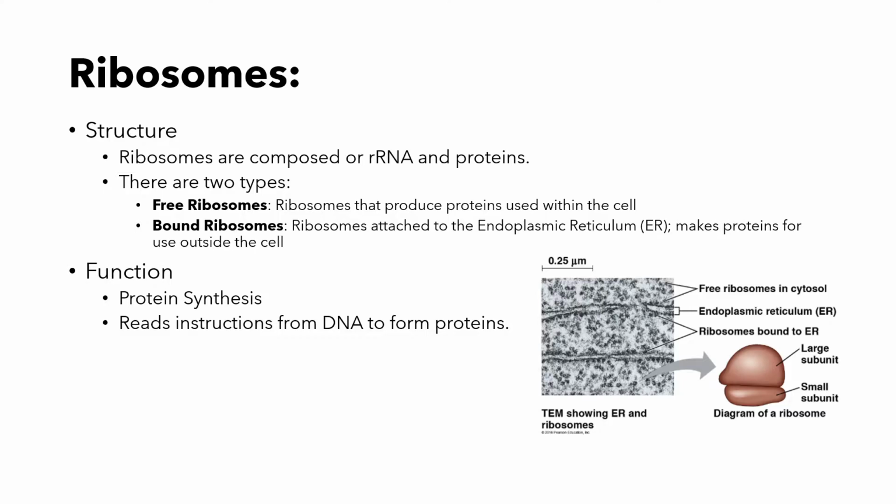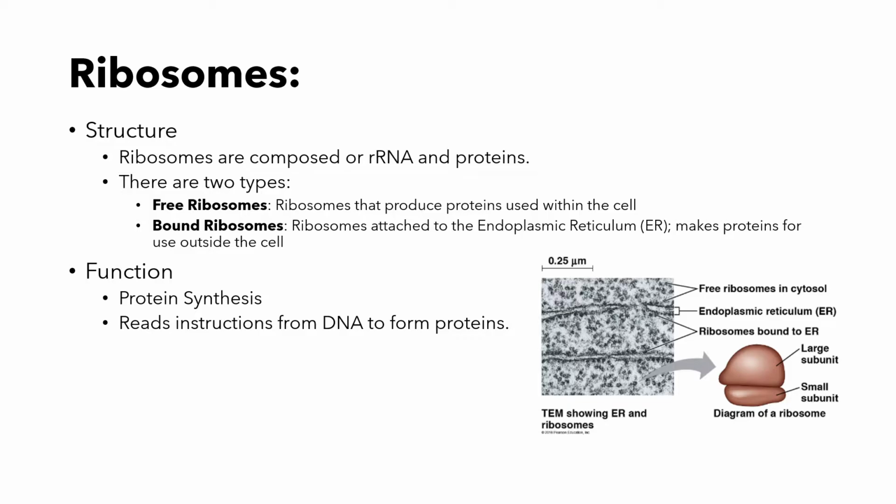Next, we have ribosomes, and ribosomes are composed of RNA and proteins, and there are two types of ribosomes. There are free ribosomes and there are bound ribosomes. Free ribosomes are ribosomes that produce proteins that are used within the cell, and these float around within the cell in the cytoplasm.